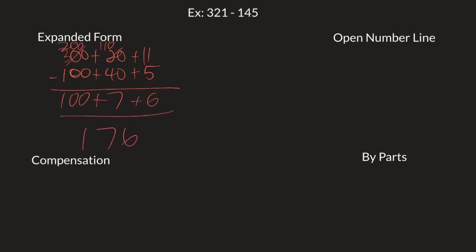176. Now, with open number line, let's do this. Have the shortest part be 145, the largest part 321, and we're going to keep adding to get to the next place value. So let's add 5 to get to 150.